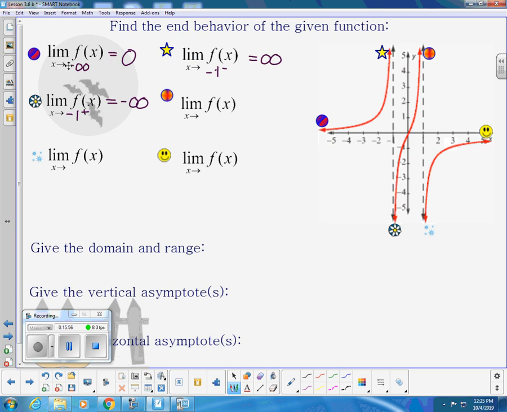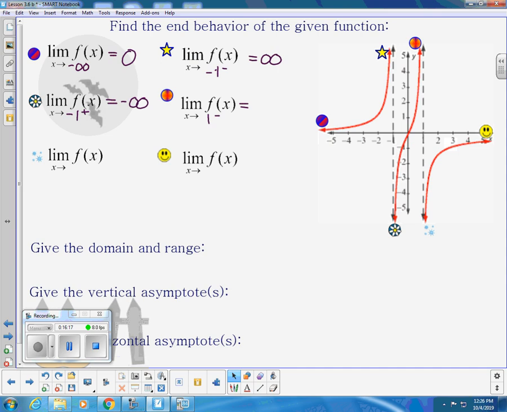My little orangey yellow planet. What's the asymptote that we're going to there? 1, and the orange planet is on the left side. That should really be moved over to here. Okay, so it's approaching 1 from the left.